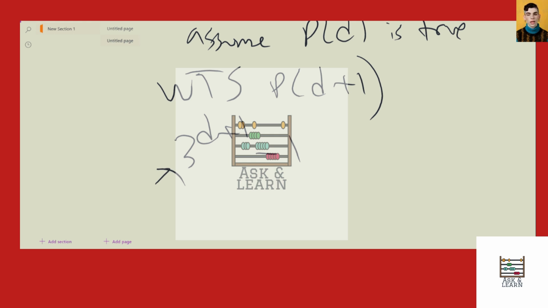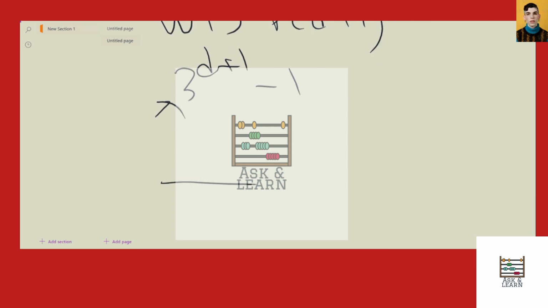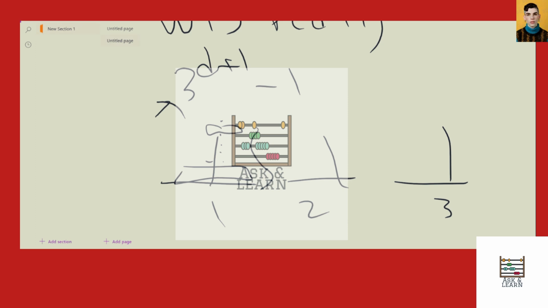Well, if you have D plus 1 disks, you still need to keep the largest disk fixed and then move all the other disks to peg 3, just like from before. So you have peg 1, peg 2, peg 3. You have D plus 1 disks.